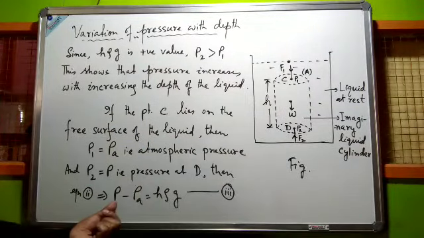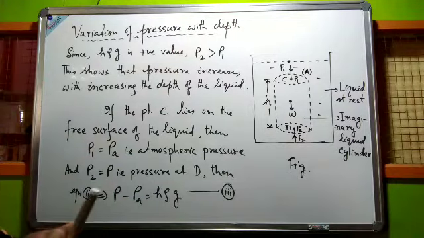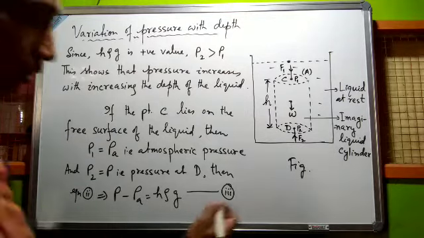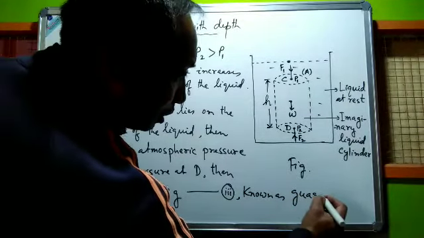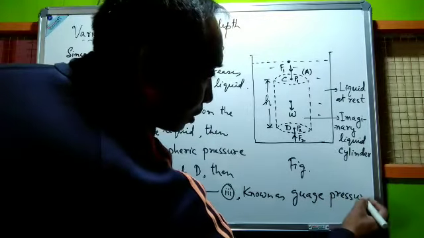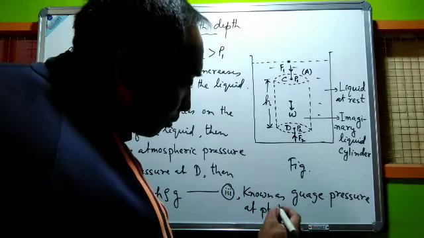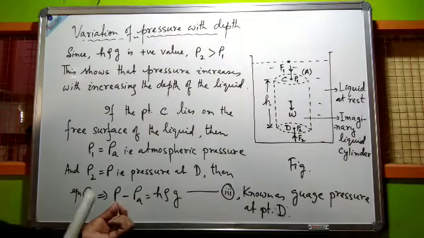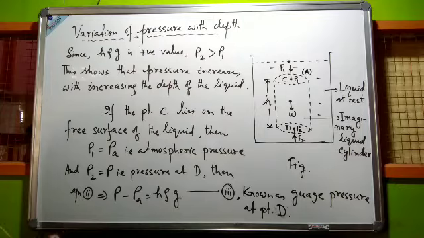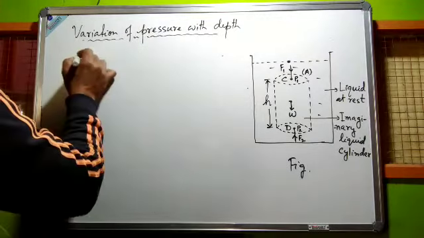And this P minus Pa is what we call the gauge pressure at point D. The gauge pressure at a point inside the liquid, the difference between the total pressure at that point and the atmospheric pressure, is called gauge pressure.